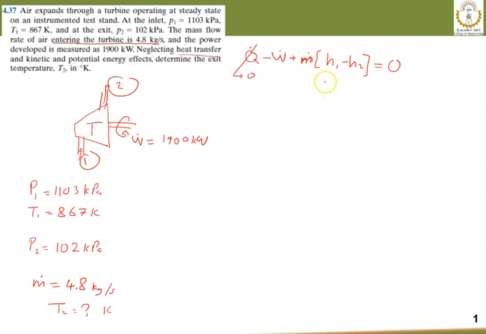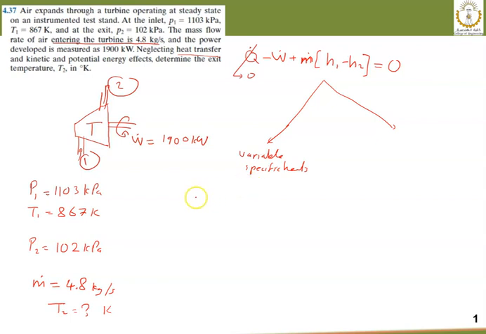Now we can do this two ways. We can either use tables, variable specific heat, and by that we mean that we'll use the air tables.